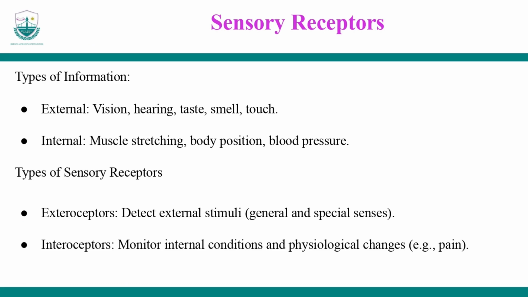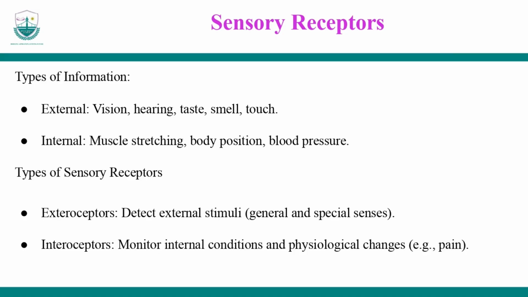And then blood pressure, blood glucose levels, issues to do with the levels of hormones, levels of ions, many things. Okay, these are all internal stimuli or things that can change internally in our bodies, and then our bodies actually respond.